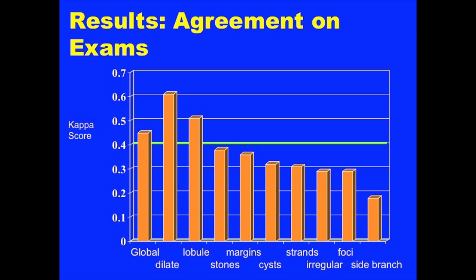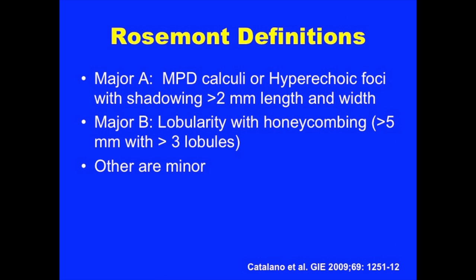So a group of individuals met in Rosemont to try to basically redo the Cambridge type of classification, make this a little bit more scientific, and see if we could make it a little bit more stringent for the diagnosis and universal across the U.S. They developed major A criteria, including main pancreatic duct calculi or hyperechoic foci with shadowing, basically stones, greater than 2 millimeters in length and width in the parenchyma.